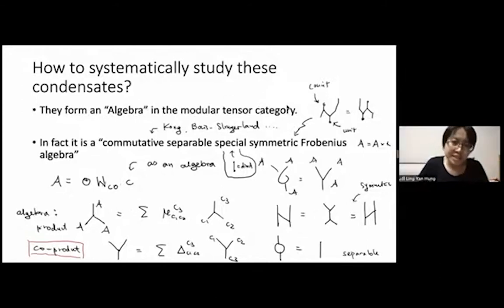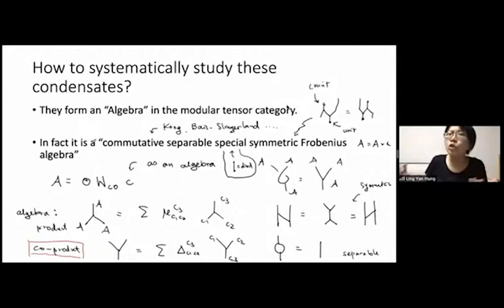So what does it mean? Whenever you deal with a tensor category, there are several structures that you put onto some stuff, and every time you put in an extra structure, you give it a name. So algebra just means there is some structure.